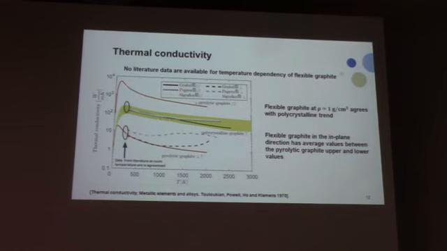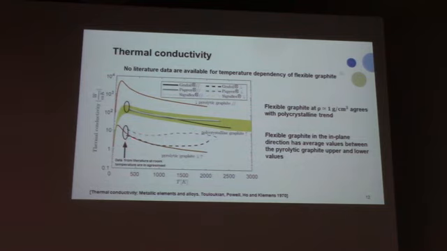So we can see that here, in this hybrid curve, we have pyrolytic graphite. The thermal conductivity measured in the in-plane direction of pyrolytic graphite, which is strongly oriented, represents an upper bound of the thermal conductivity that can be reached by graphitical materials. And here we see the through-plane measurement for pyrolytic graphite, which is the lower bound.